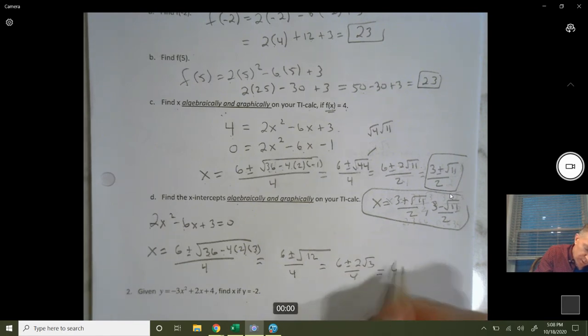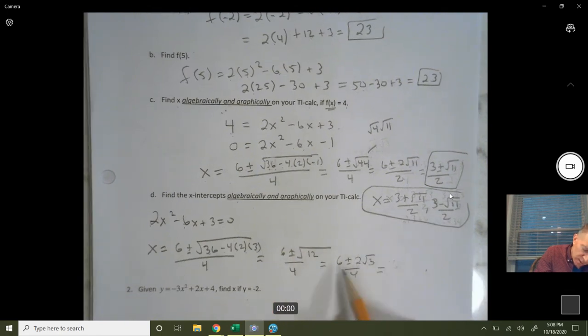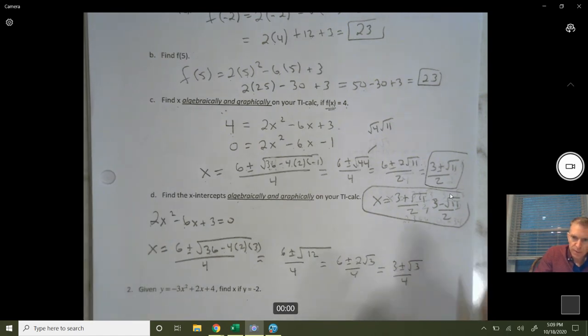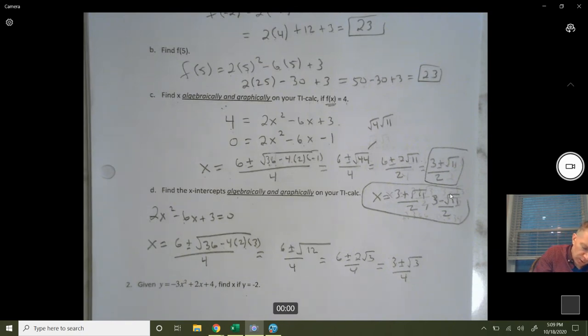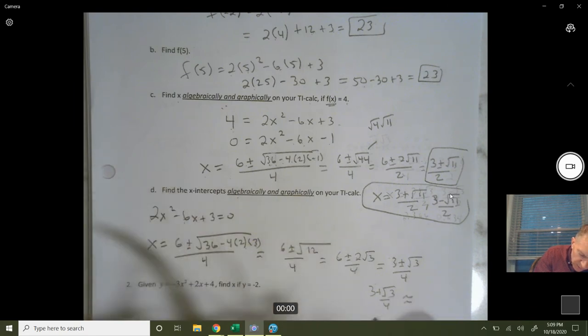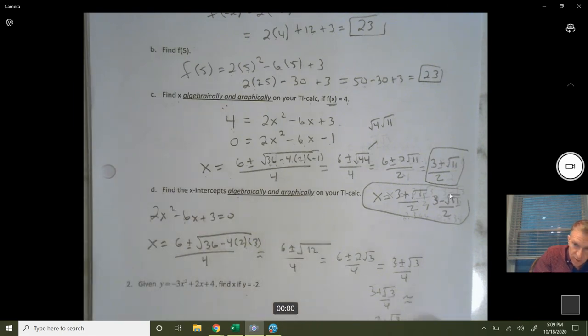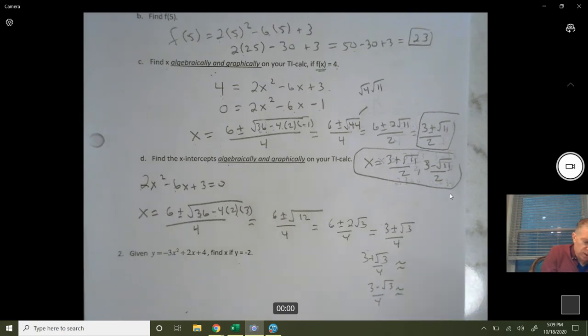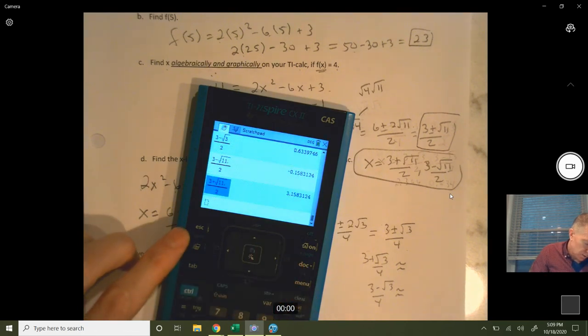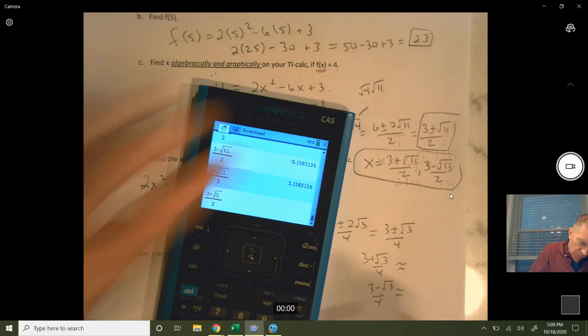Or we can factor out a 2 and then reduce it with the 4. So 3 plus or minus root 3 over 4. Okay. So if we want decimal answers there, 3 plus root 3 over 4 is approximately, and 3 minus root 3 over 4 is approximately, let's look at our calculator. The graph doesn't give you an exact answer. Okay, so 3 plus root 3 over, sorry, that should be over 2, right?